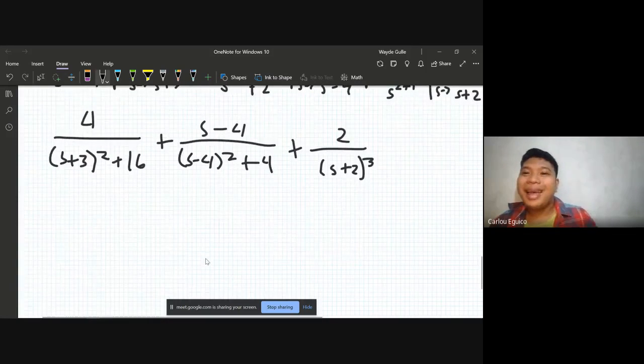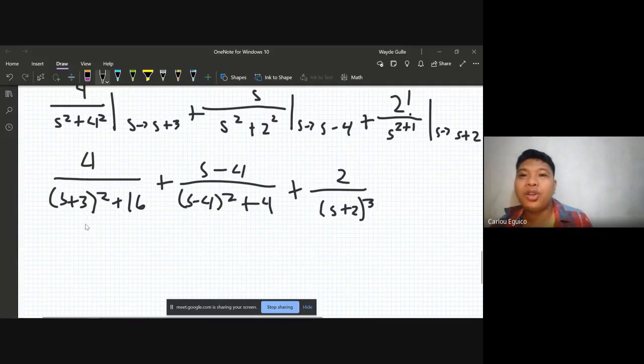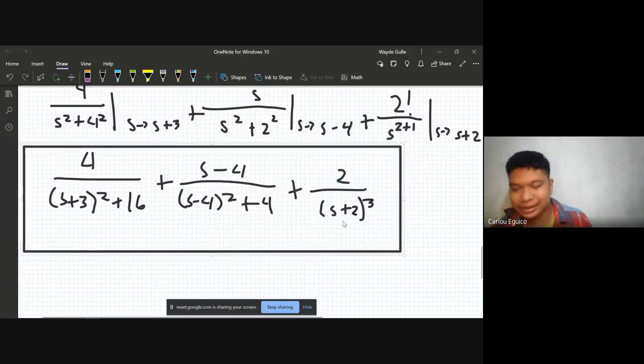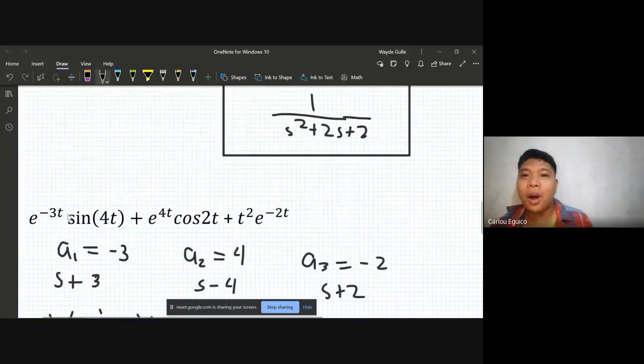So that is our answer in translation on the s-axis for our given e raised to negative 3t sine 4t plus e raised to 4t cosine 2t plus t squared e raised to negative 2t.